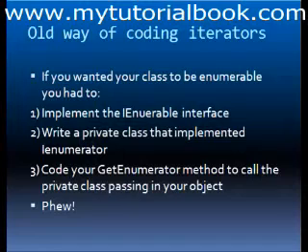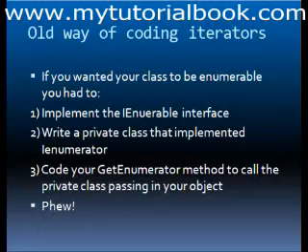If you wanted your class to be enumerable, to be able to iterate over the collection of things the class held, you had to implement the IEnumerable interface. That was step one. Then, the second step, you had to write a private class that implemented IEnumerator. The third step was to code your GetEnumerator method to call the private class, passing in your object.